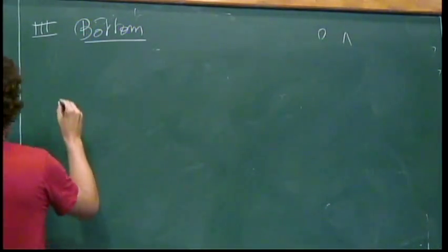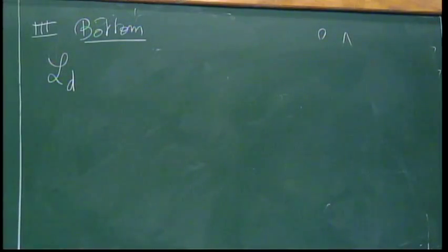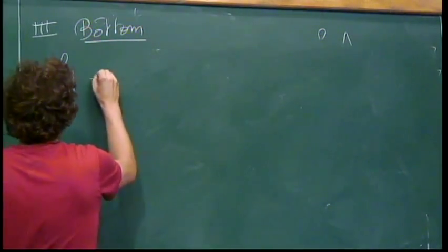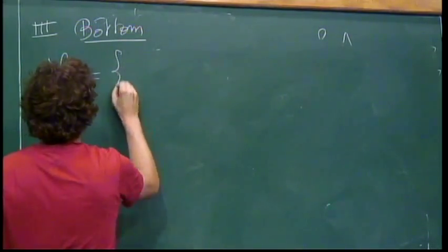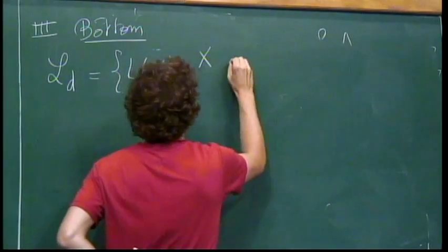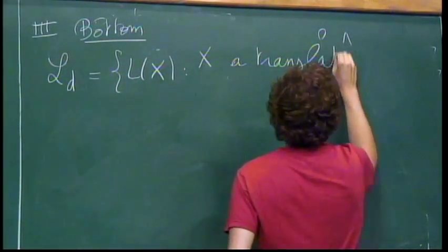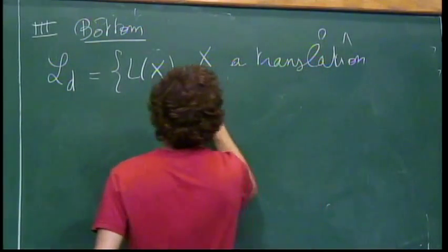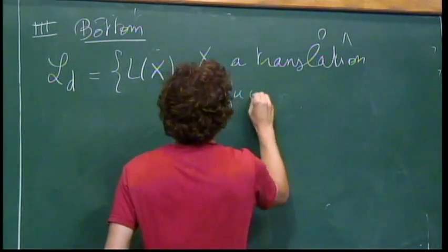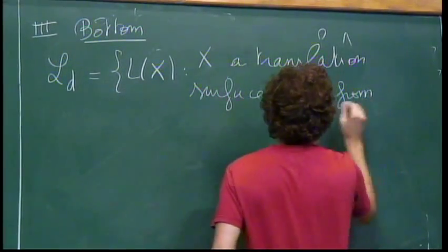So let's define L_D. I defined L_1 as being the set of Lagrange values for any rotation. And you can consider L_D to be the set of L(x) for x being a translation surface made from 2D triangles.